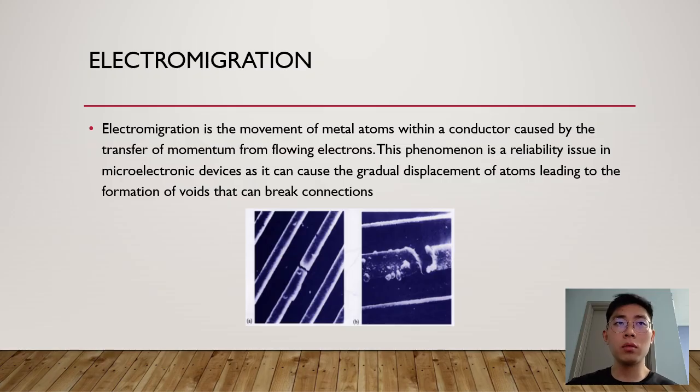For polyhole metal accumulation, it can cause a short. High density, high temperature and certain material properties increase the rate of electromigration, such as in the picture above.